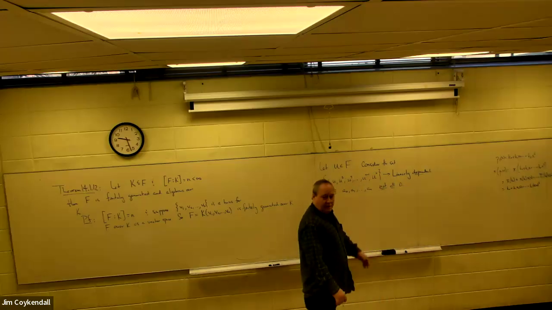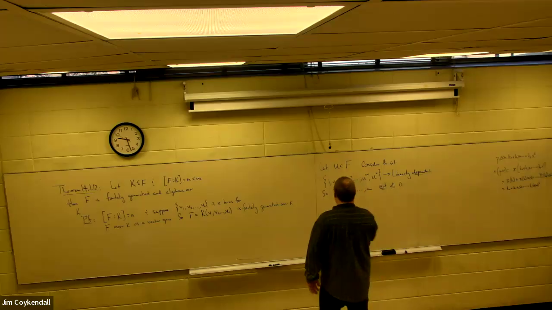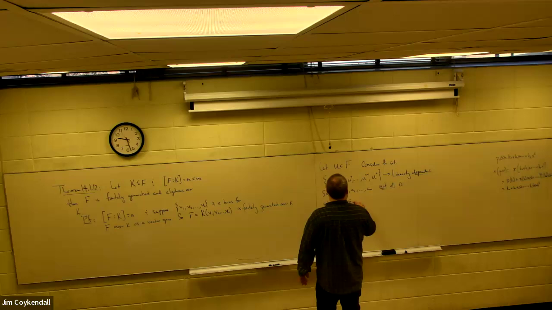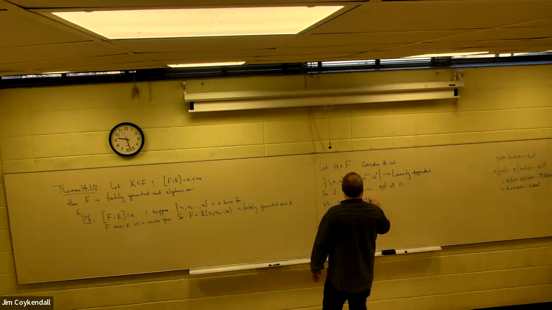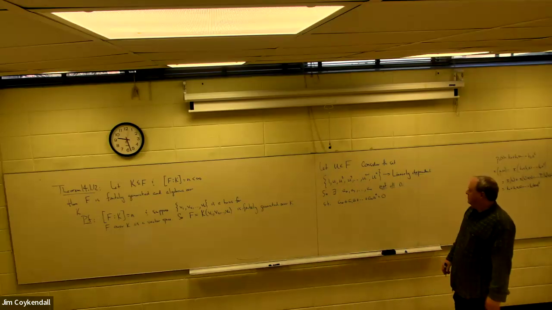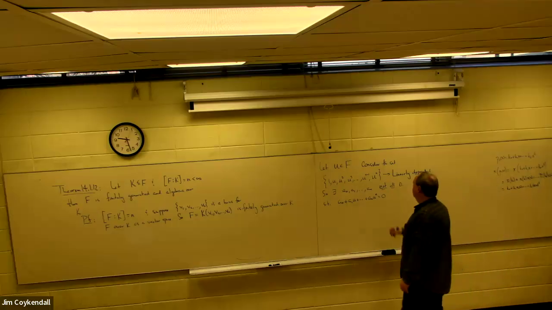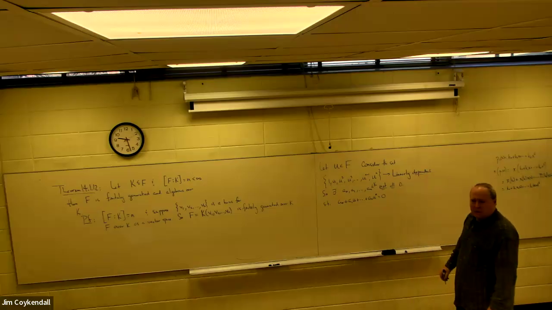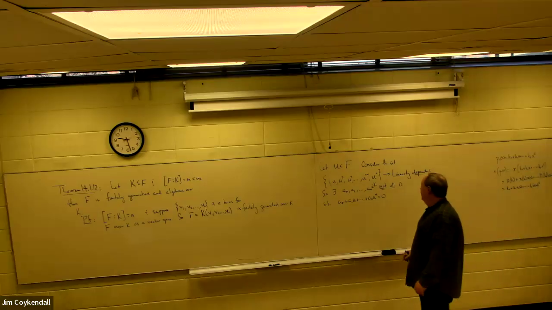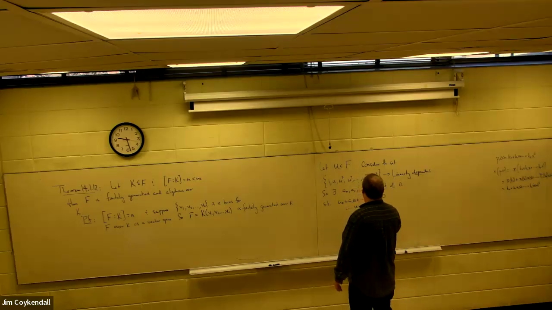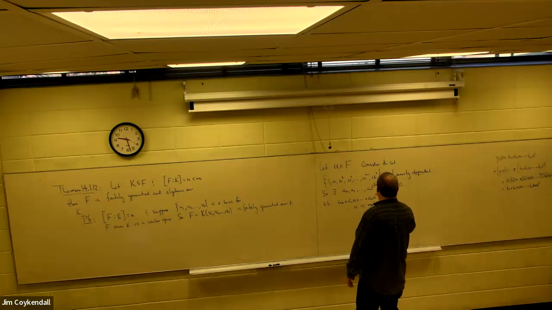Some of them can be 0, but not all of them, such that A0 plus A1 u plus ... plus An u^n is 0, where I'm choosing these from K. Therefore u is a root of a non-zero polynomial.